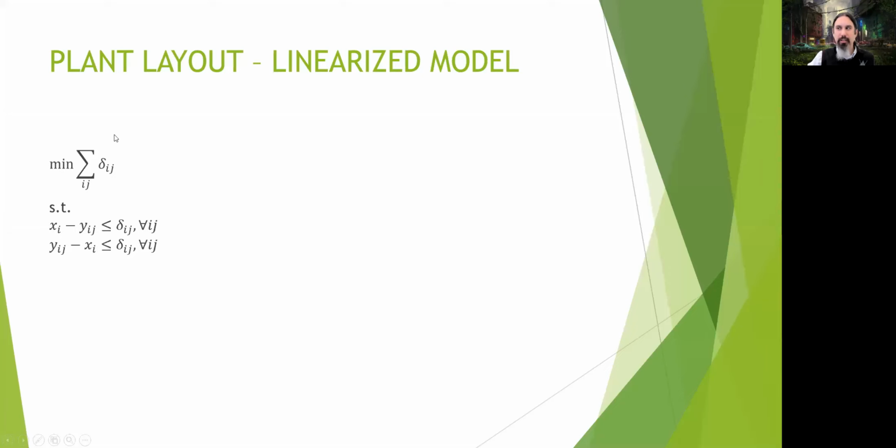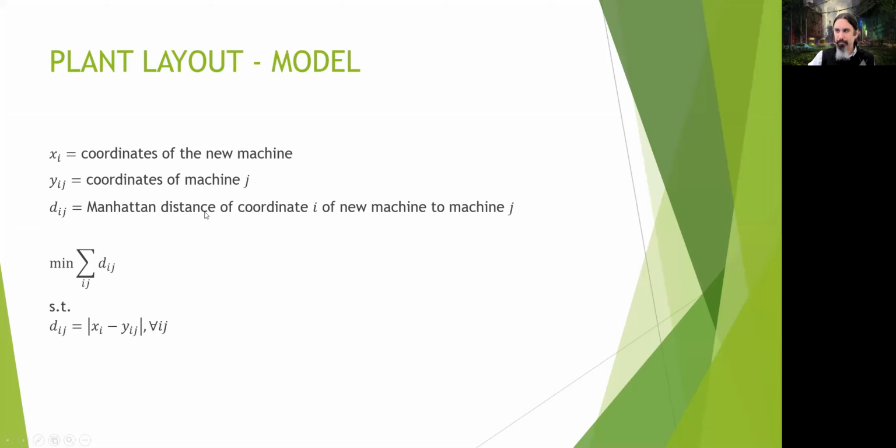For everything, you're going to sum all of them, for all 4 machines. So the absolute value just adds new constraints to your current model.